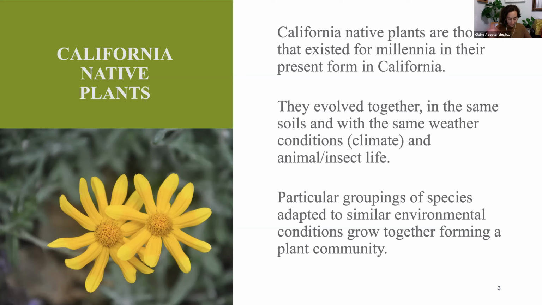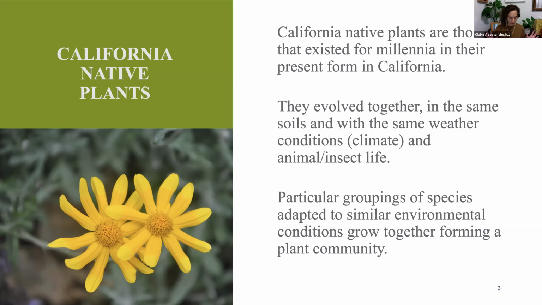Getting into a little intro, but then we'll get into the plants themselves. Hopefully you had a chance to read over the handout from last class, which is an intro to native plants. It goes into what native plants are, and how they're different from naturalized plants and drought tolerant plants. But in a nutshell, they're the plants that have existed in California prior to European contact.